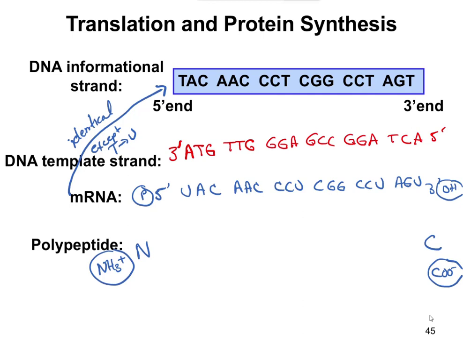All right, so now in order to go from the messenger RNA to the polypeptide, we need a genetic code. So our genetic code is going to tell us what the various codons, and again, the codons are the sets of 3 here, encode for in terms of the protein. To go from UAC to polypeptide, we need our genetic code chart.